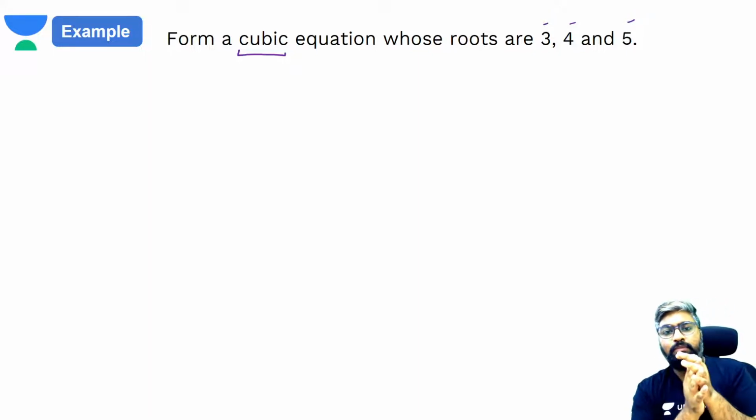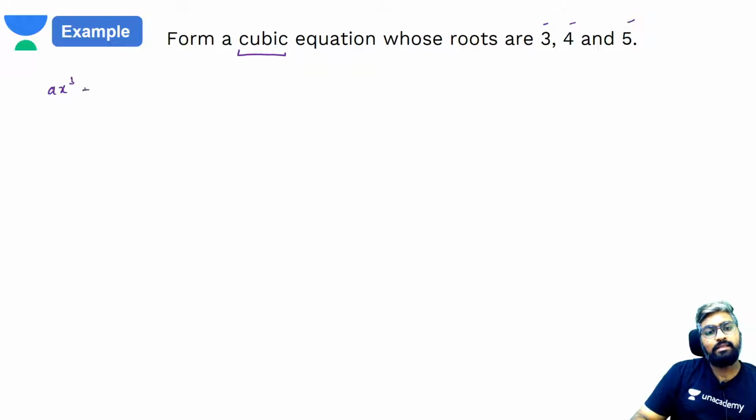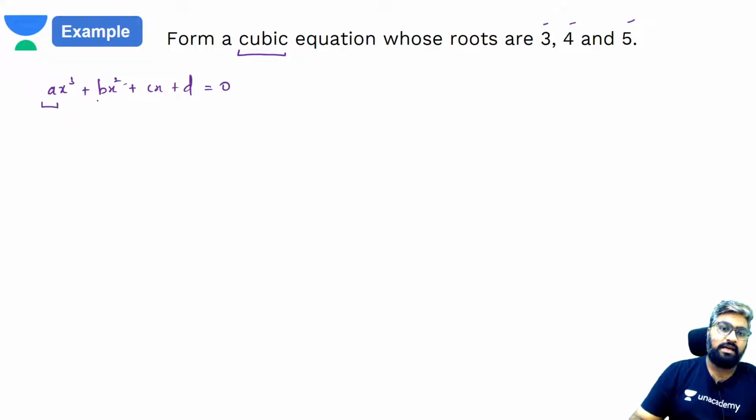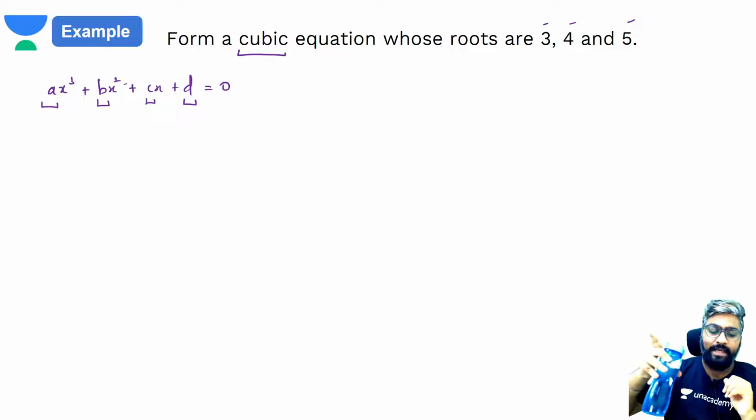Quickly put up the entire equation, or at least the coefficients. So cubic equation will be what? Ax cube plus bx square plus cx plus d equal to 0, right? At least put up the values of the coefficients A, B, C, D, including the sign, positive or negative. Quickly send it.